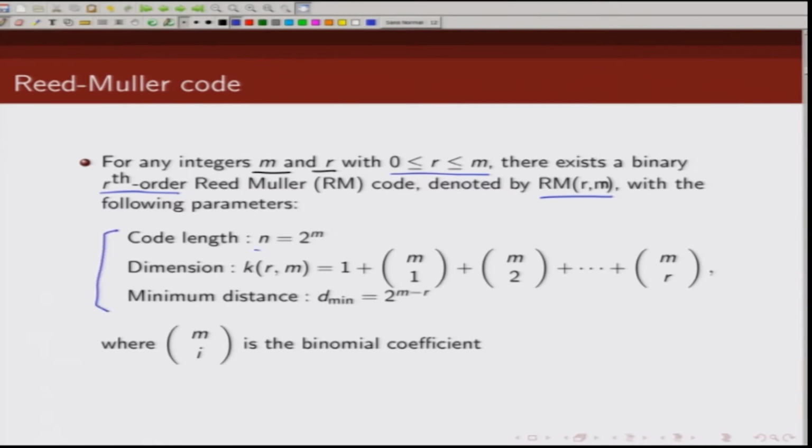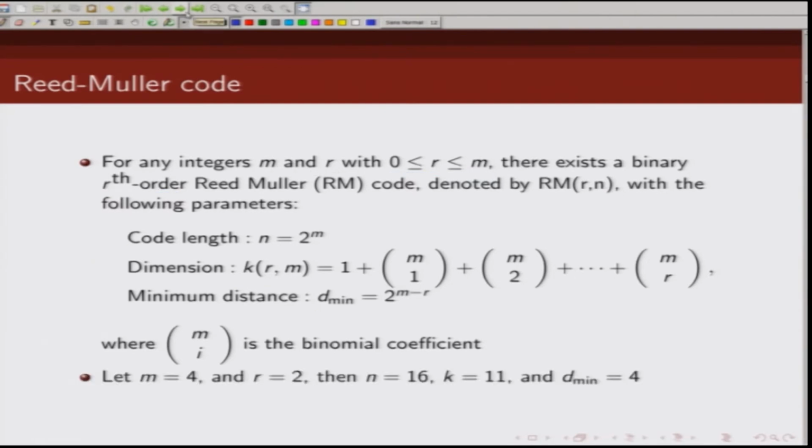The length of the code is 2 raised to power m, and the dimension k is given by 1 plus m choose 1 plus m choose 2 up to m choose r, and the minimum distance of the code is given by 2 raised to power m minus r.